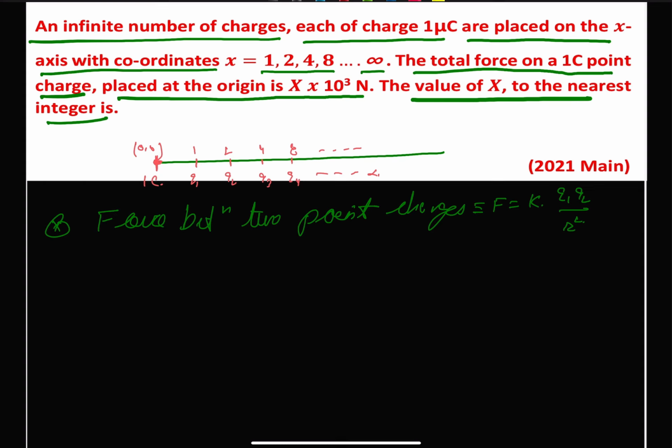And since the 1 coulomb charge is on the negative side, all the charges will apply a net force toward the positive x-axis. So the distance with respect to the origin for the first charge will be 1, for the second charge 2, for the third charge 4 and so on.